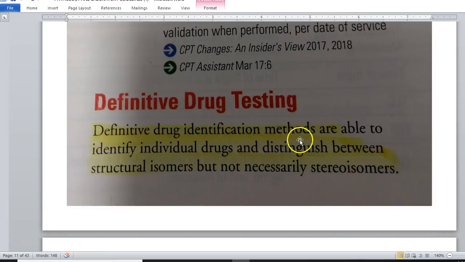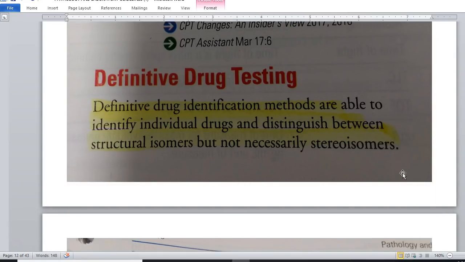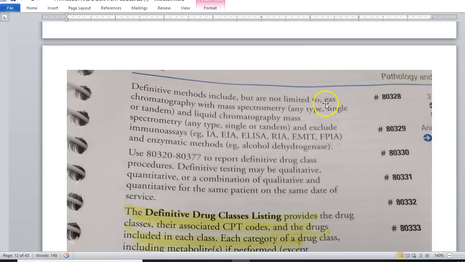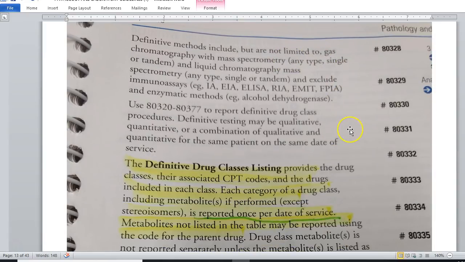That starts at the definitive drug testing. So definitive drug identification methods are able to identify individual drugs and distinguish between structural isomers, but not necessarily stereoisomers. So again, we can narrow it down to the exact drug, but again, there are some limitations.